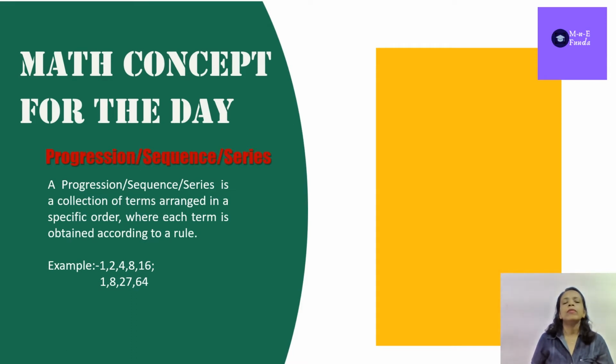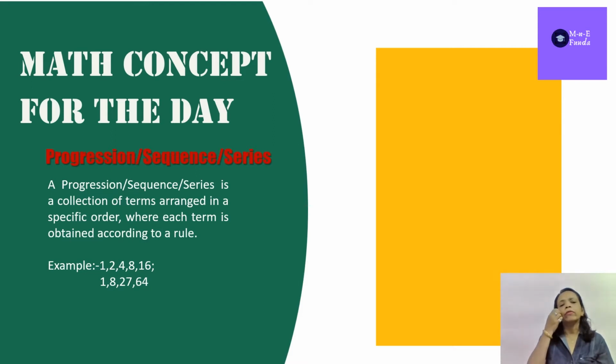Whatever is the first term, the second term is twice the first term, and the third term is twice of 2, that is 4, that is twice the second term. Fourth term is twice the third term, like this. So this series maintains a specific rule, that is each term is twice the previous one. So it's a progression series.